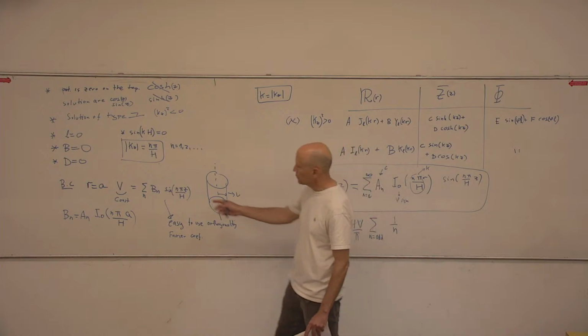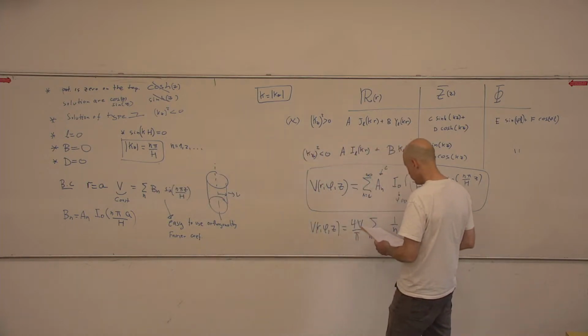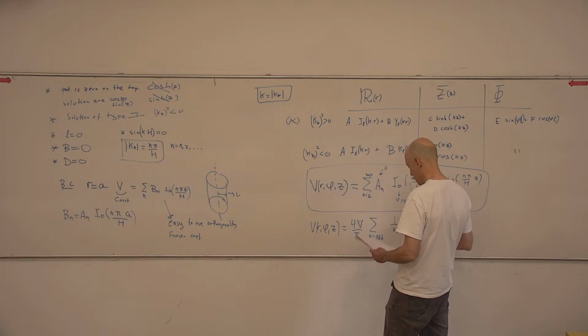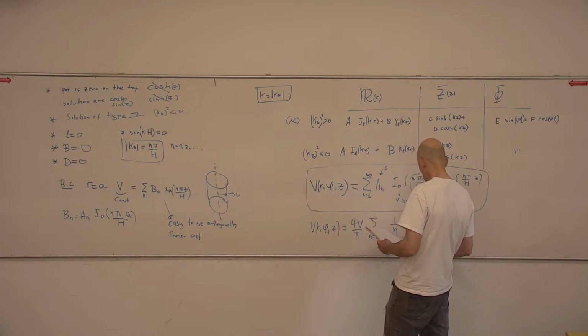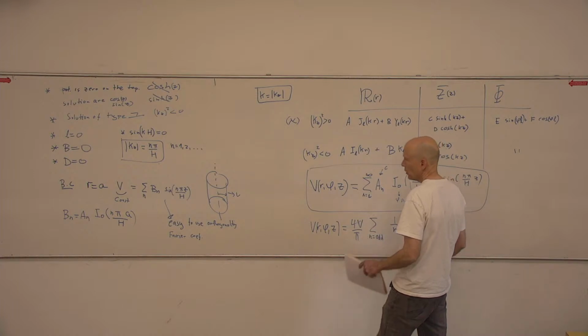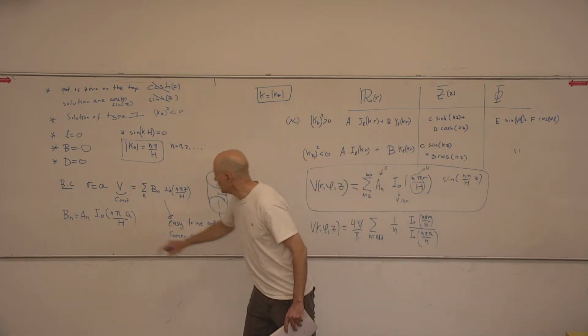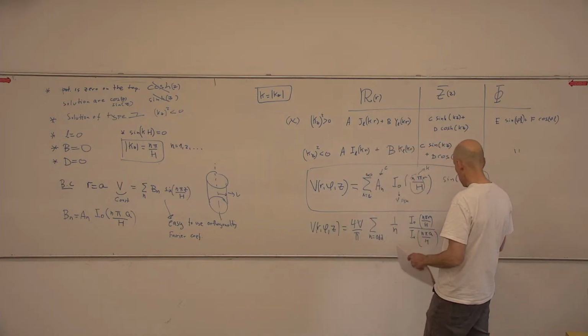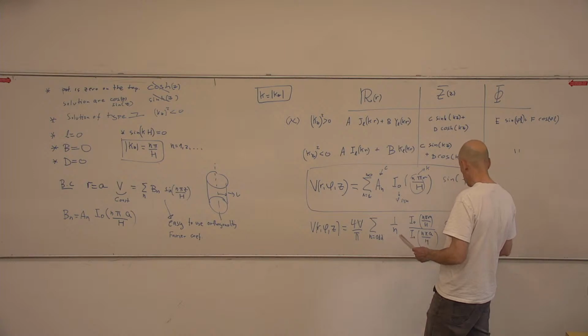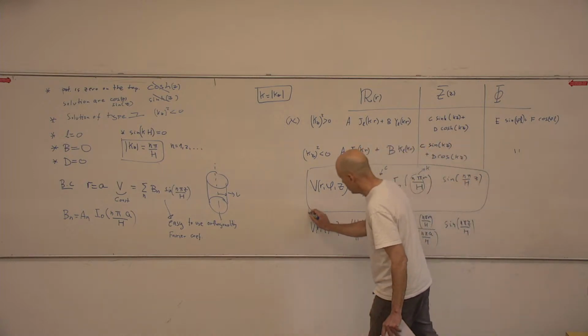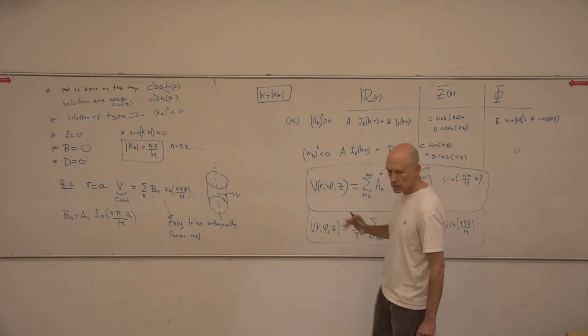This 1 over n again comes from the orthogonality for these B_n's. Then I_0 of n pi r over h divided by I_0 of n pi a over h, times sine of n pi z over h. Same as before. This is the solution.